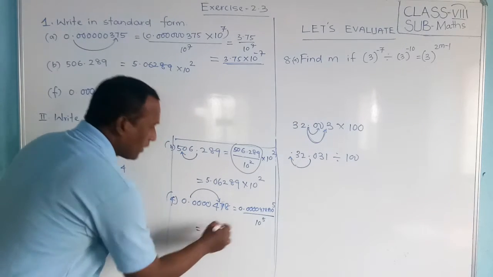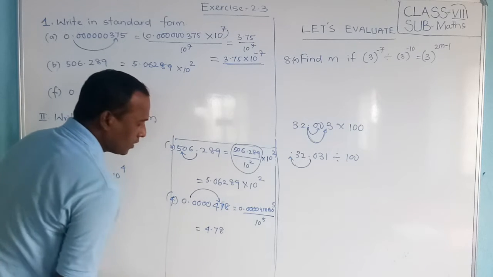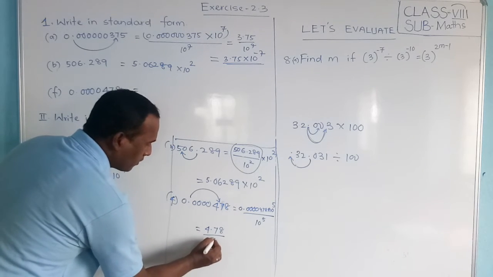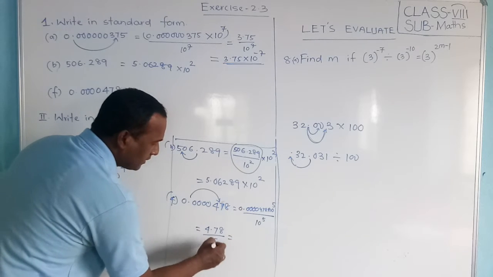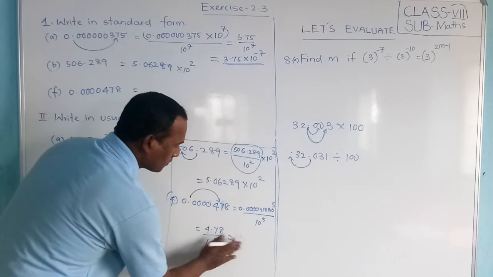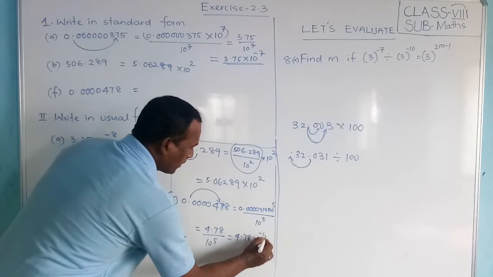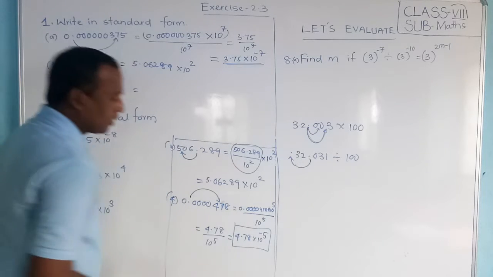If you multiply, the answer will be 4.78 by 10 power 5. If it is in the denominator like that, we have to take the reciprocal, so it will be 4.78 into 10 power minus 5. This is our answer. Are you clear?